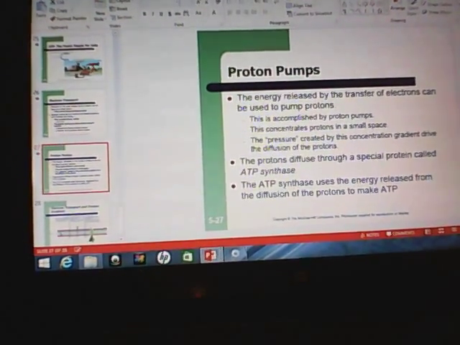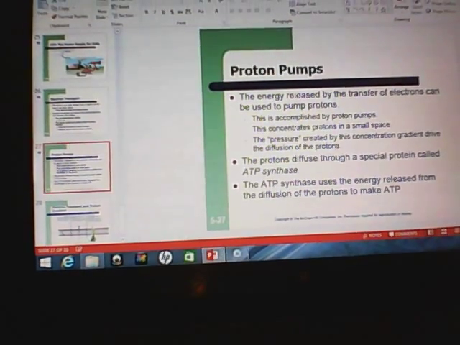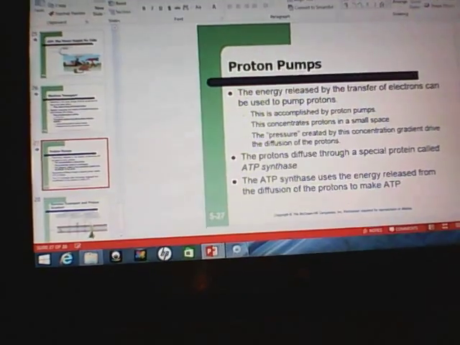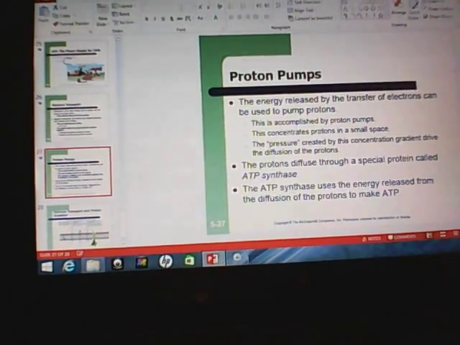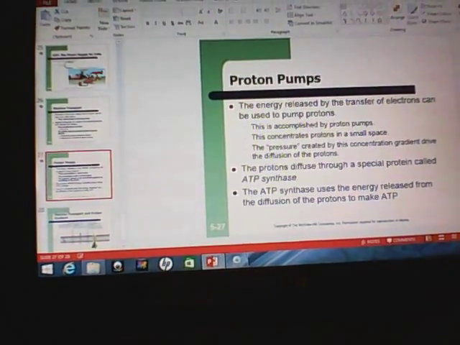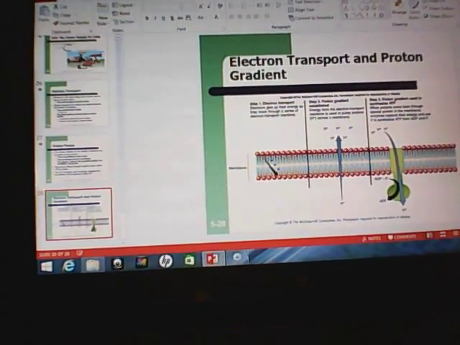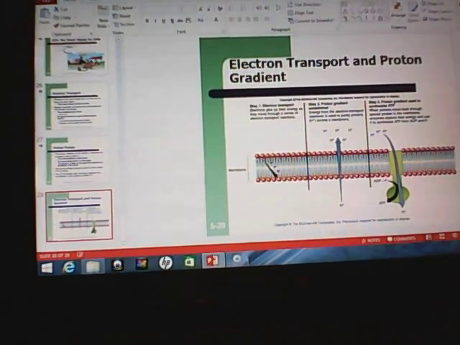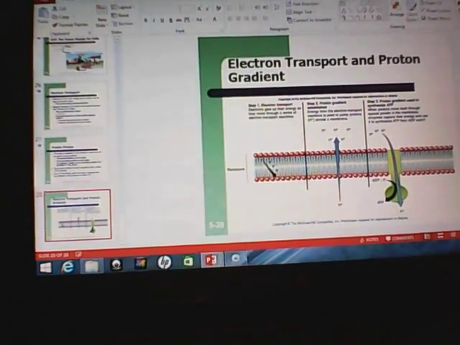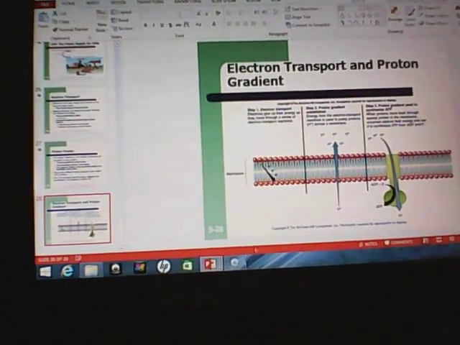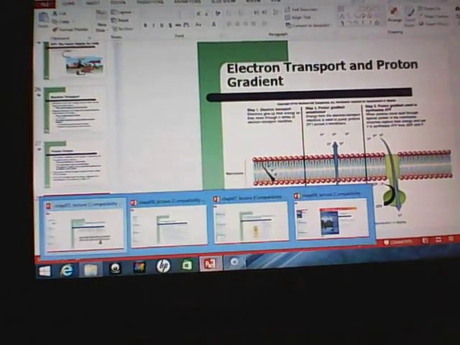And in that particular system, you have something called the ATP synthase. Again, it is an enzyme because it ends in ASE. So ATP synthase, and it makes ATP. And all this happens in the electron transport gradient. All right, and so that will cover chapter 5 and what you need to know for that one.